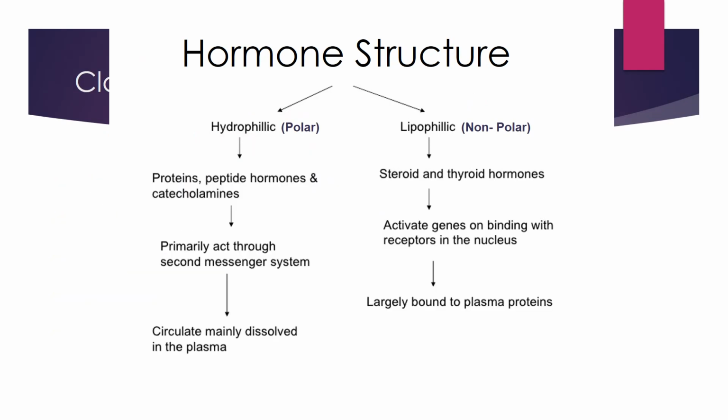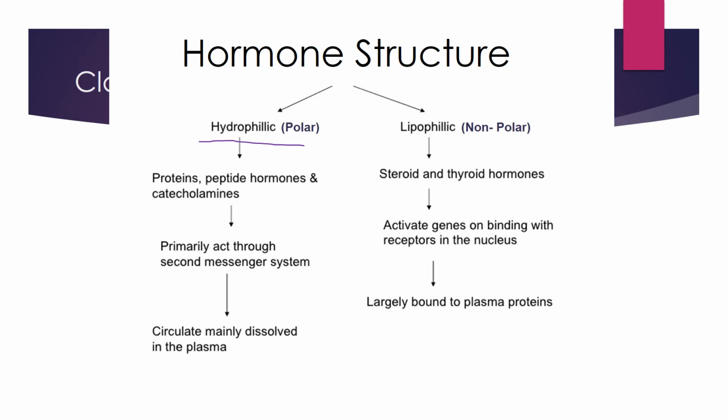There are different classifications of hormones, and let's begin by looking at the hydrophilic or polar hormone structure. These are water soluble because they are hydrophilic, water loving. These cannot pass through the plasma membrane, and they must be injected if used as a drug.